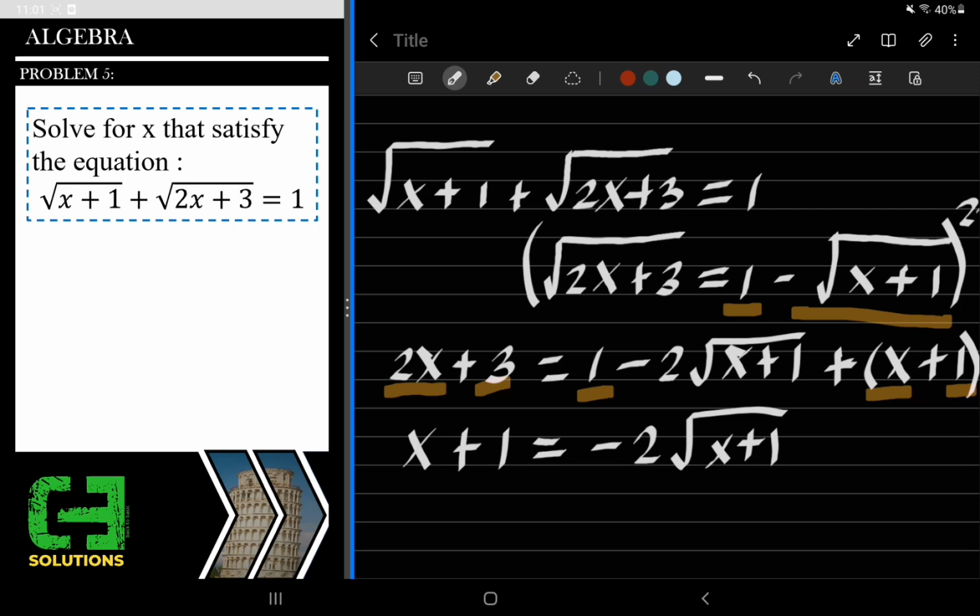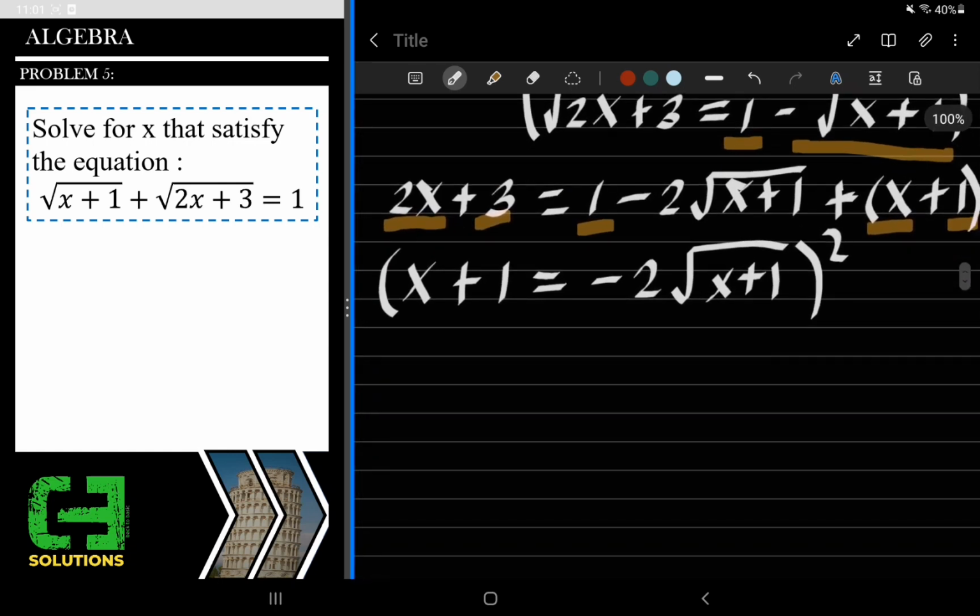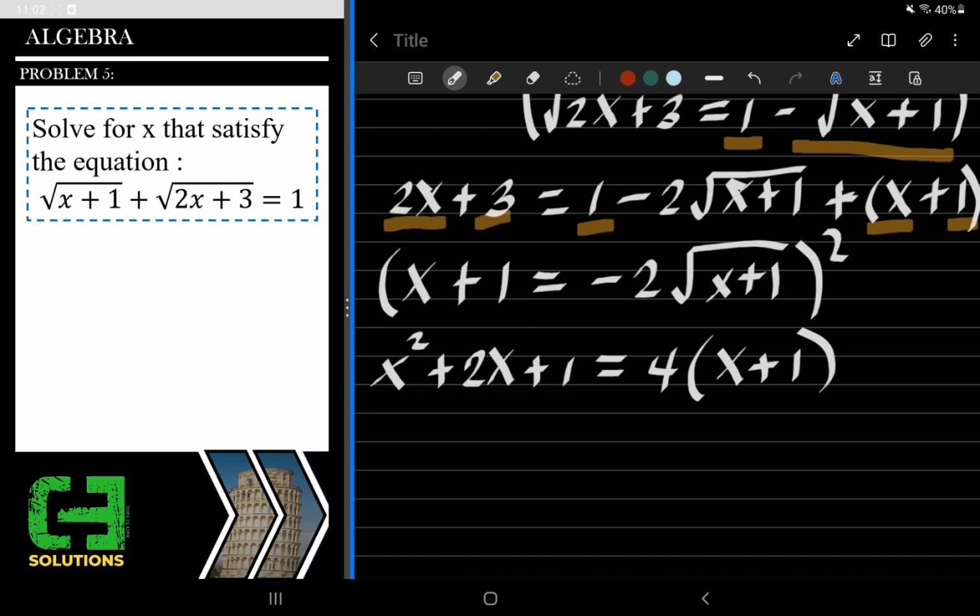So square both sides for the second time. Square of the binomial: first term is x, second term is 1, so that is x squared plus 2 times x times 1, that is 2x, plus the square of 1, that is 1, equals... the square of negative 2 is 4, and the square of the square root of x plus 1 is the quantity x plus 1.